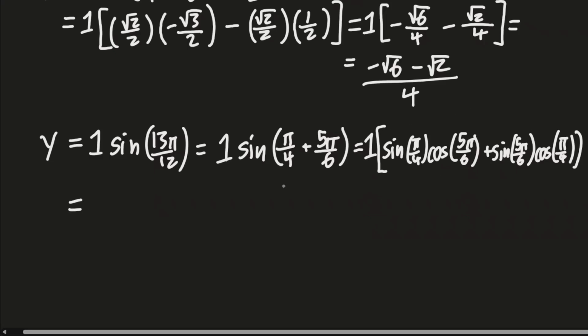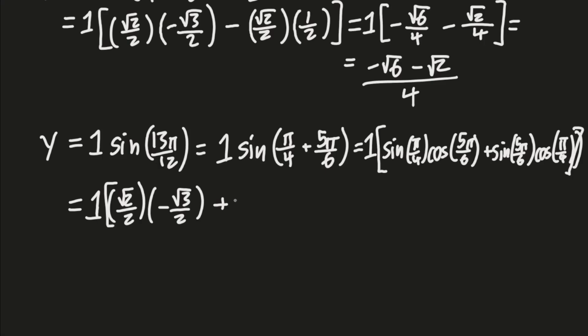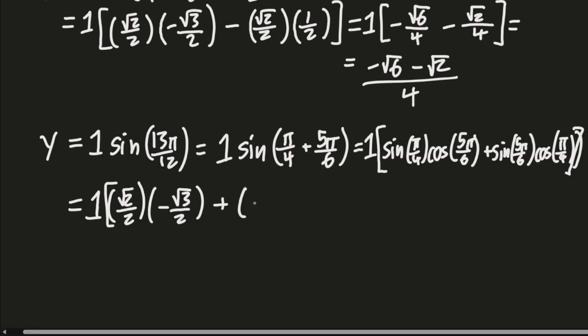And that would be equal to 1 times square root 2 over 2 times negative square root 3 over 2 plus, sine, my bad, 1 over 2 times square root 2 over 2.